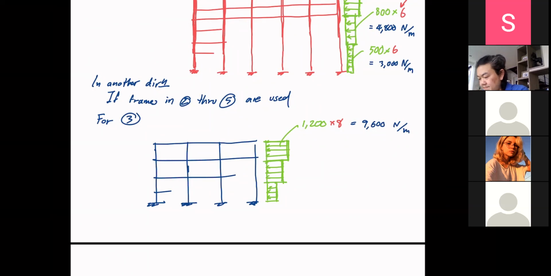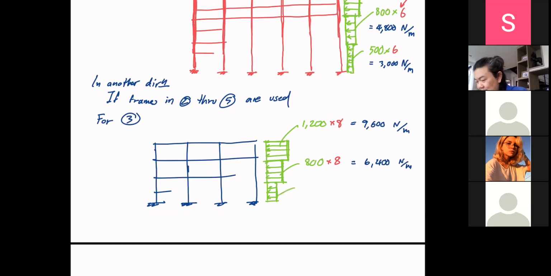And then this one becomes 1200. Oops, that's wrong. 800, multiplied by 8. How much is that? 64, right? Yes. Newton per meter.